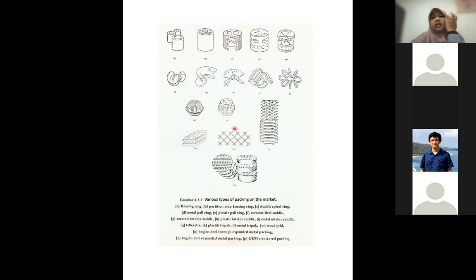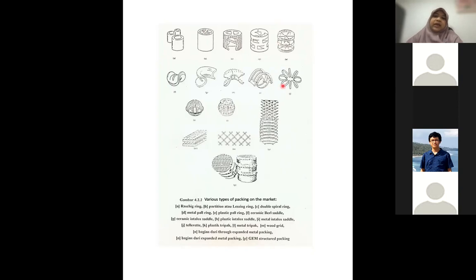And there are a lot of vendors, companies, that sell types of packing, and each packing will have some coefficients. Okay, I'm going to tell you in a minute, or maybe tomorrow, about the coefficients, because we're going to use mass transport to check how good the contact is between the liquid and the gas.